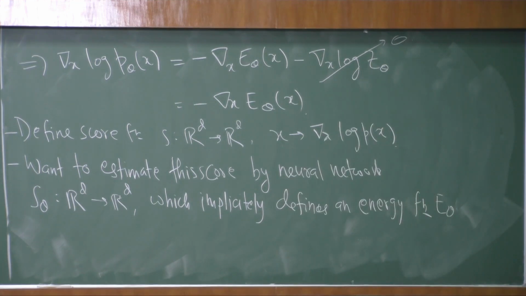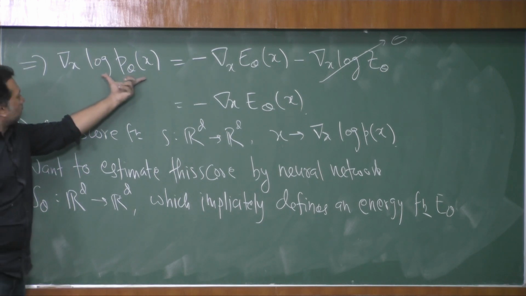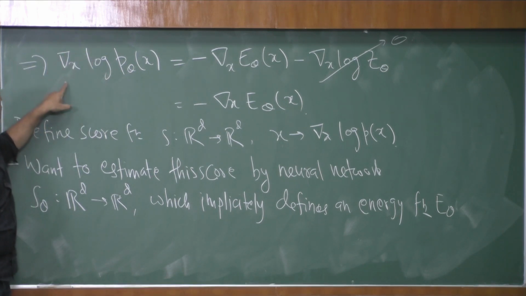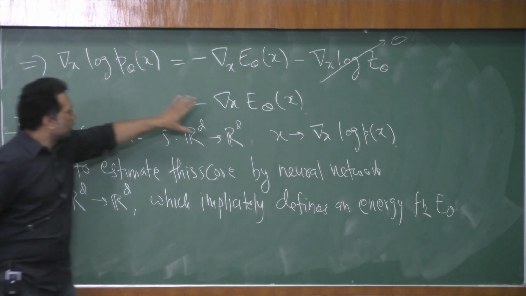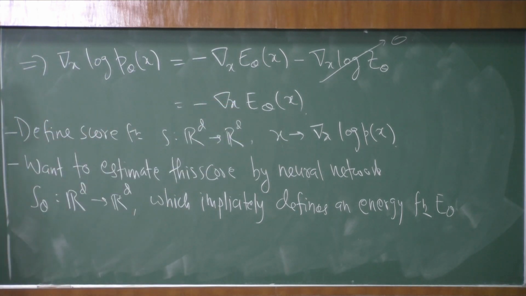Basically you have to take an integration again, because the score function is this guy, but then to explicitly solve for E theta you have to integrate over x so that this gradient gets cancelled, and from the score function you get E theta.